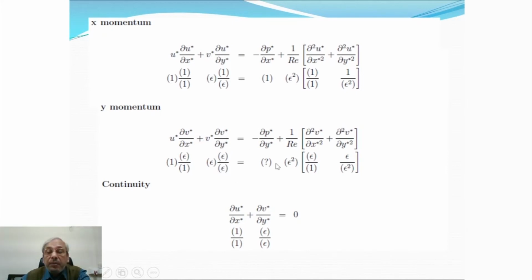Del P del Y we will discuss a little later, and 1 by Reynolds number we will discuss a little later. But here it is epsilon by 1, and this is epsilon by epsilon square. And in the continuity equation, del u star del x star is 1 by 1, del v star del y star is epsilon by epsilon.